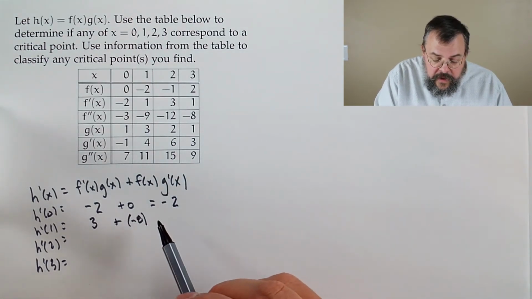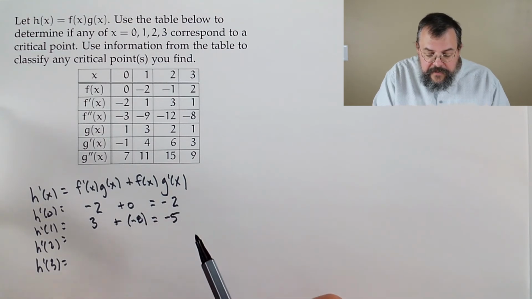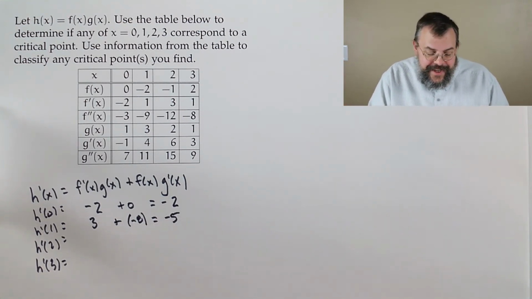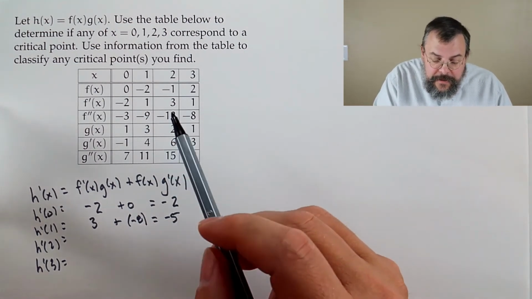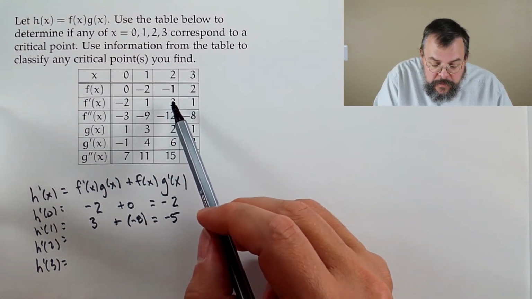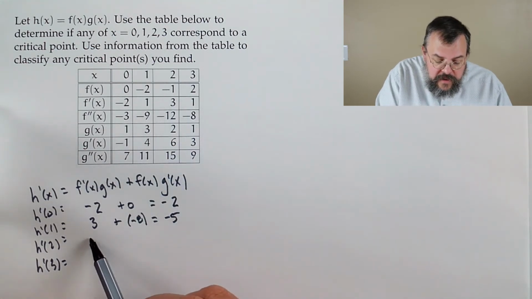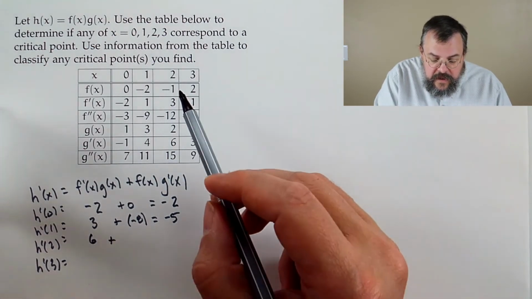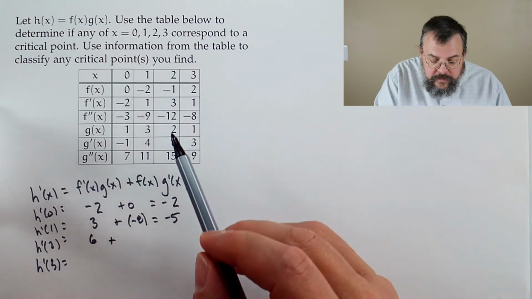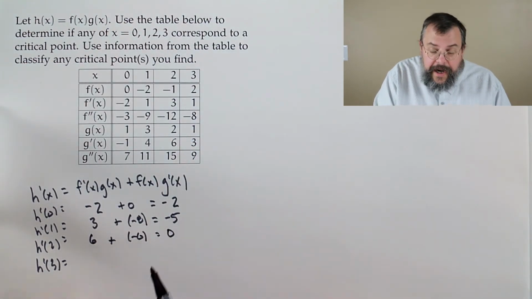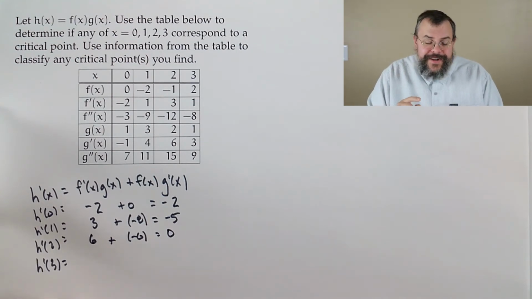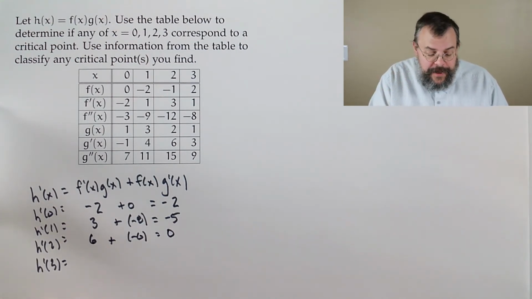All right, well, that's negative 5. That's out. Okay, how about 2? Maybe we won't have any critical points. All right, well, keep trying. 3 times 2 is 6 plus negative 1 times 6 is negative 6, which is 0. Ha ha ha, we found one. Woohoo!